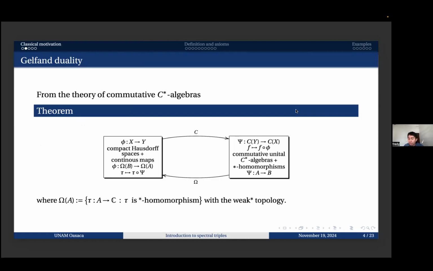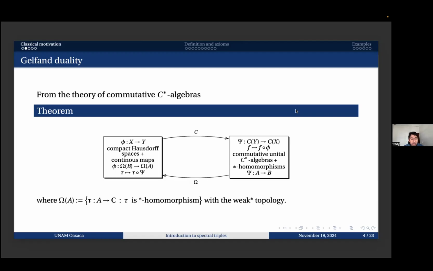As many of you know, in the theory of C-star algebras, we have this theorem, which is called Gelfand-Naimark, which gives a correspondence between locally compact Hausdorff spaces and C-star algebras.